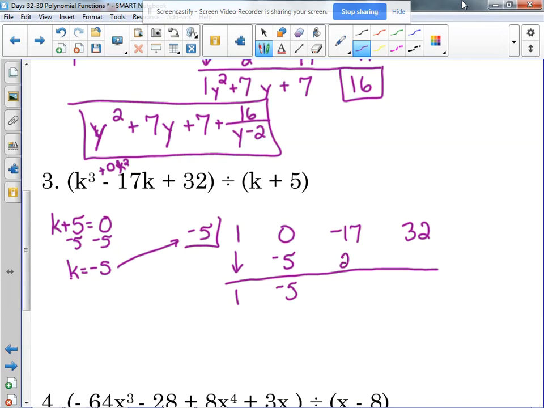Multiply, negative 5 times negative 5, 25. Add 8. Multiply, 8 times negative 5, negative 40. Add, we get negative 8. Negative 8 is the remainder. We started with k cubed, so we've got k squared, k. 8 is the constant.